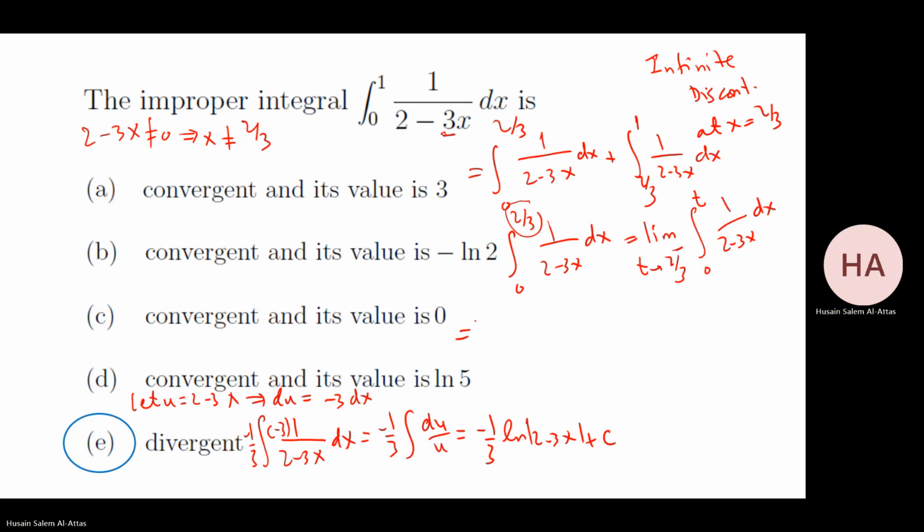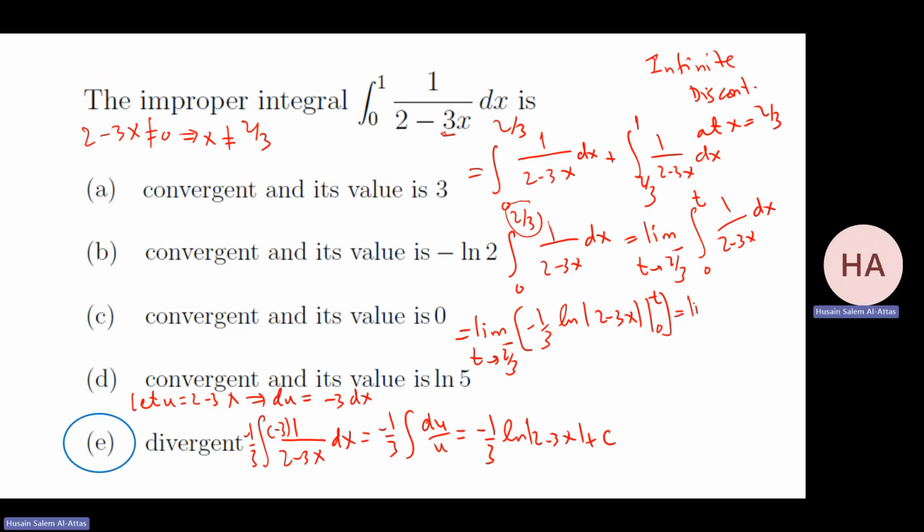So this will be the limit as t goes to 2 over 3 from the left; I'm doing it in detail. Minus 1 over 3 ln of the absolute value of 2 minus 3x, from 0 to t.